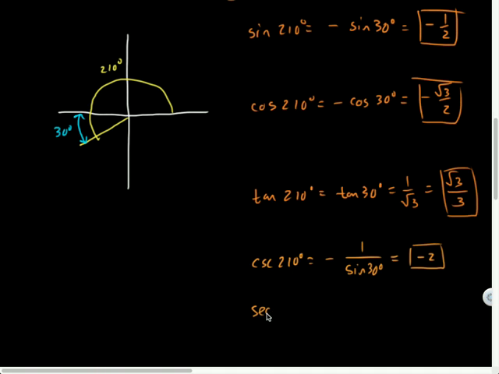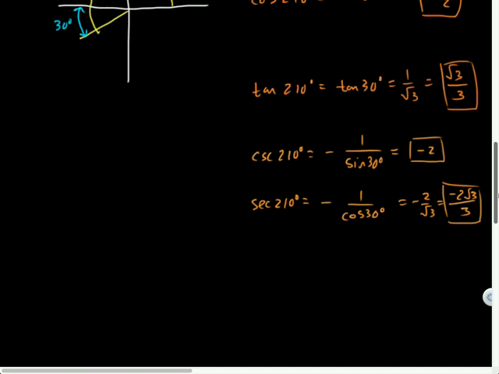Let's see, secant of 210 would equal negative 1 over the cosine of 30, because it's the reciprocal of the cosine. Its reference angle is 30. It's negative because it's in that quadrant. And that's going to be negative 2 over square root of 3, which is negative 2 roots of 3 over 3 when I rationalize the denominator, getting rid of that radical.